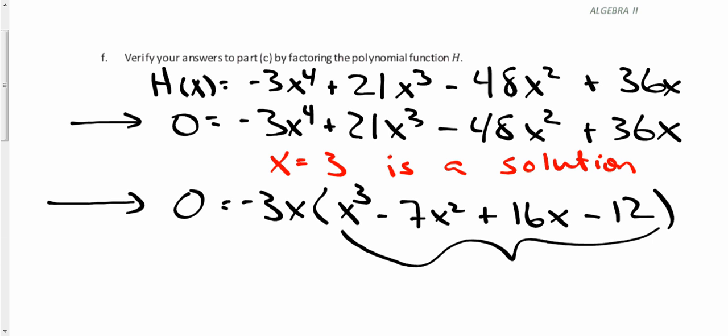0 cubed minus 7 times 0 squared, plus 16 times 0, minus 12. Negative 12, right? All that times negative 3 times 0. So what's this thing equal when x equals 0?